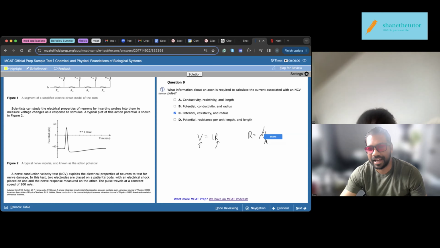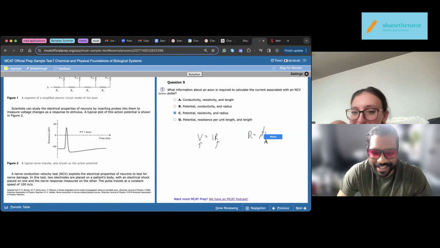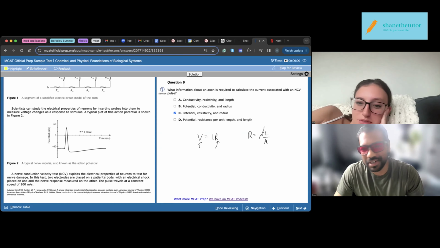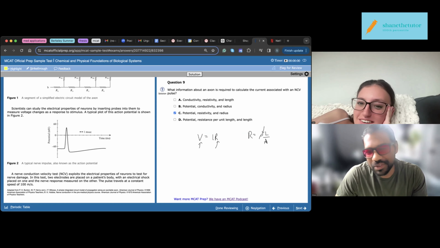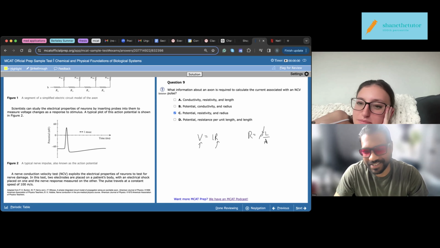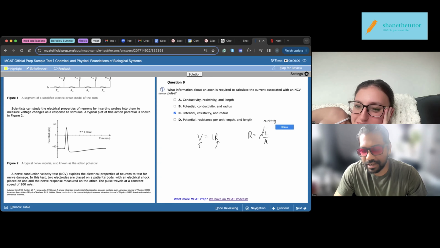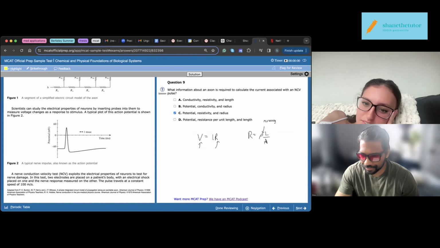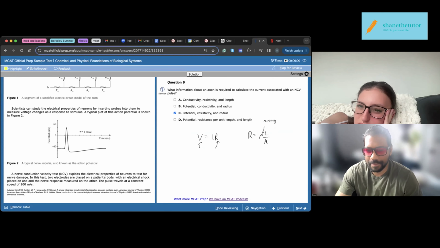Rho is called resistivity, which is an intrinsic property of the material that you're using, so it's a constant.